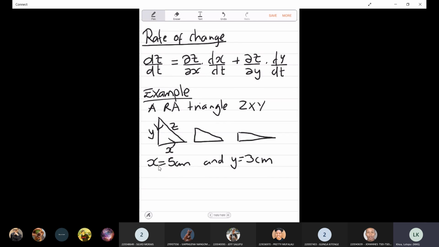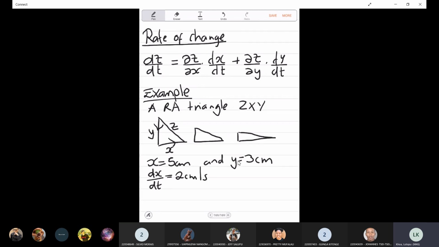So we're given x is equal to 5, y is equal to 3, and we're also told that x is increasing at a rate of 2 centimeters per second. So that is the change in x with respect to time. So we say dx/dt is equal to 2 centimeters per second.